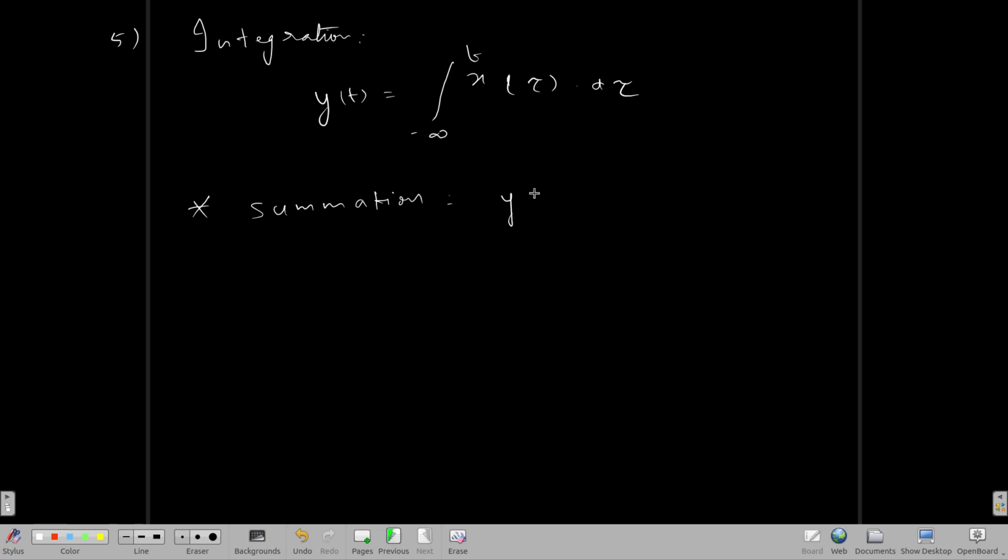Actually it is the same thing. Since this is a continuous time signal, you can integrate, and since this is a discrete signal, you cannot integrate, you have to sum, you have to add up, right? From minus infinity to n, summation of x of tau, it is the same thing. So this will be y of n.